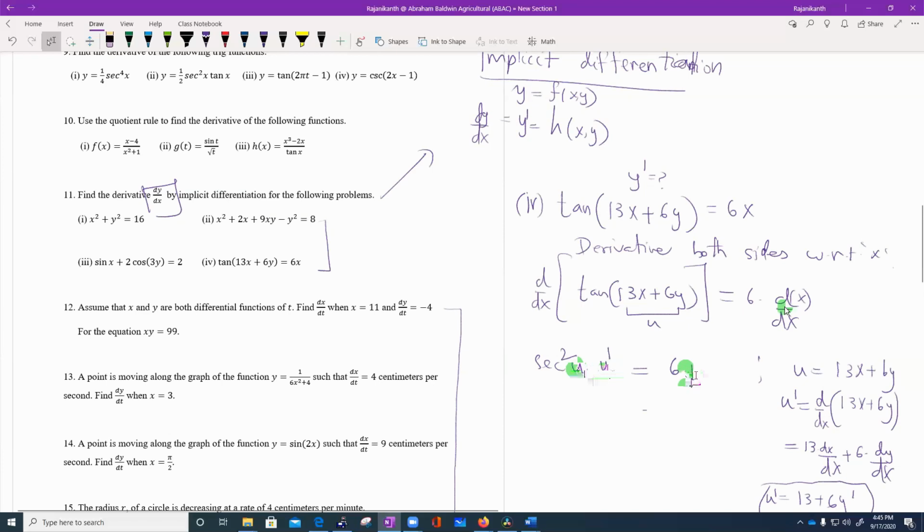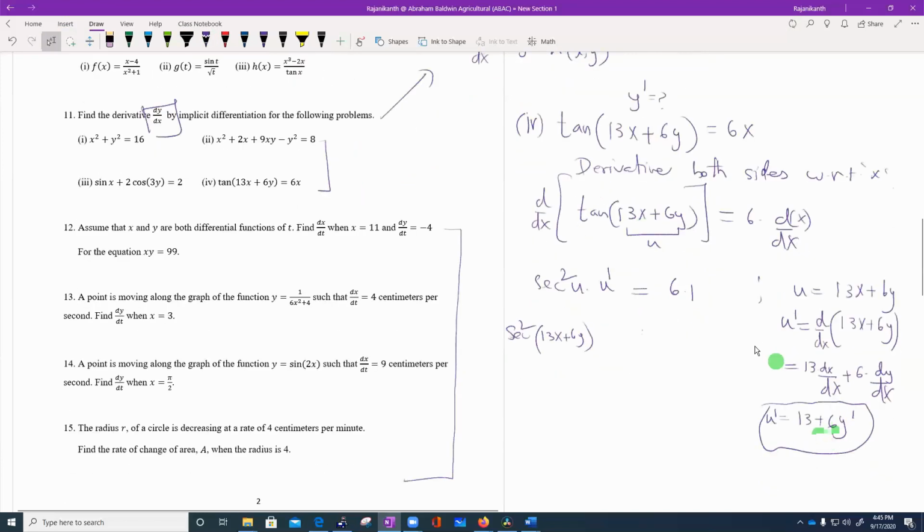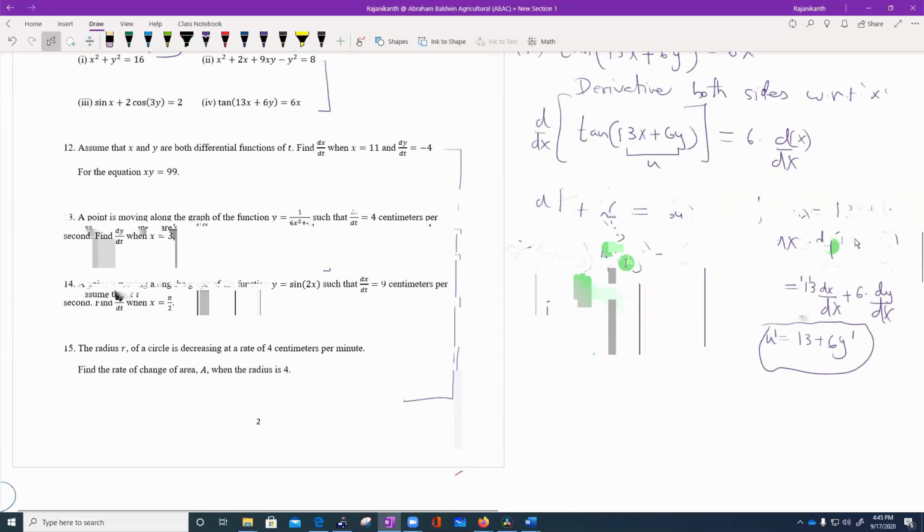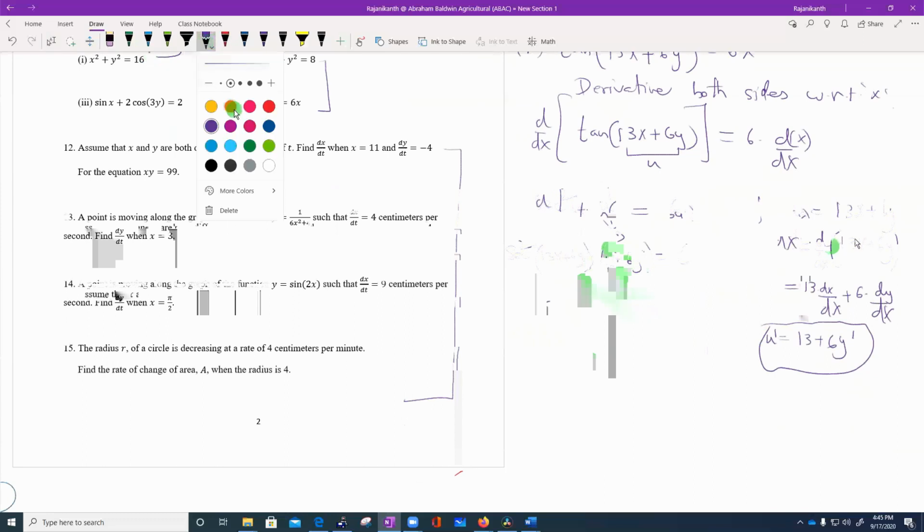This side is simply 6. Now go back and replace the original variable. U is my 13x plus 6y, and my u prime, we just got 13 plus 6 y prime. Now the question is finding y prime, so simply distribute inside. Remember, the secant and its angle are one term.